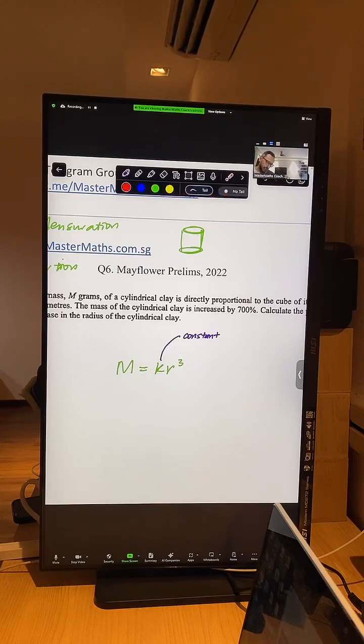Okay. So when they say the mass of the cylindrical clay is increased by 700%, that means to say there was an original value and now there's a final value. Now when I say increased by 700%, it means that, maybe I write it down here, it has multiplied by 8.